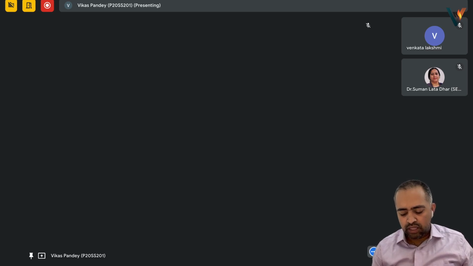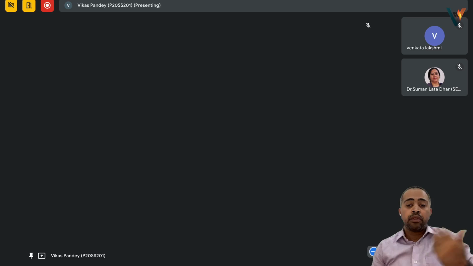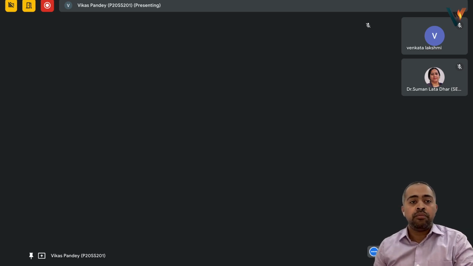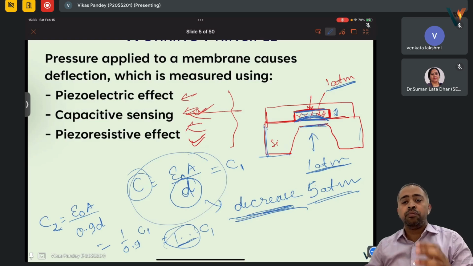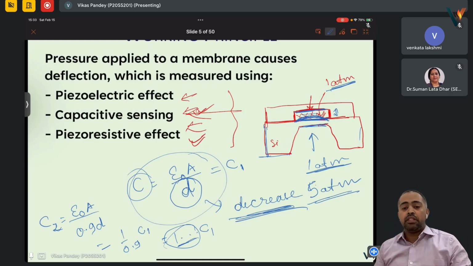So we'll see that it will increase to say 1 point something C1. So it will be higher than the previous capacitance. This change in capacitance is what is measured, and as such we are able to calculate the changes.